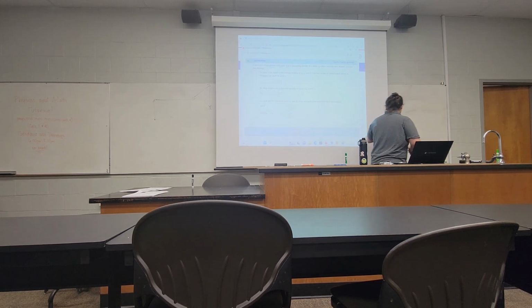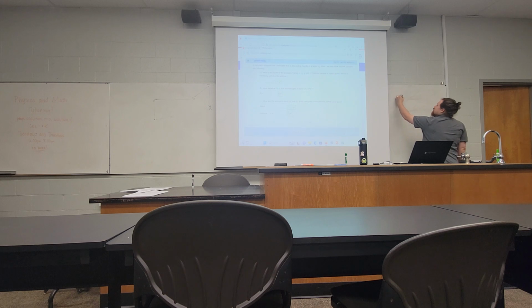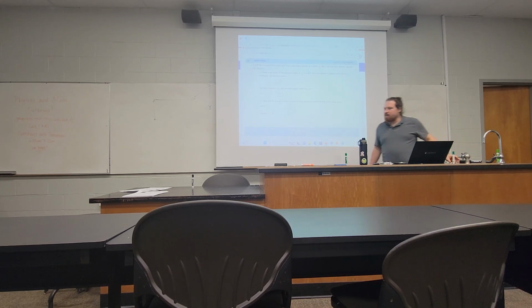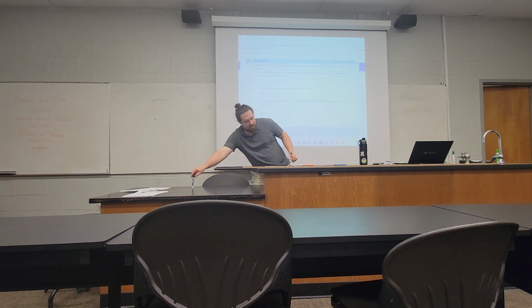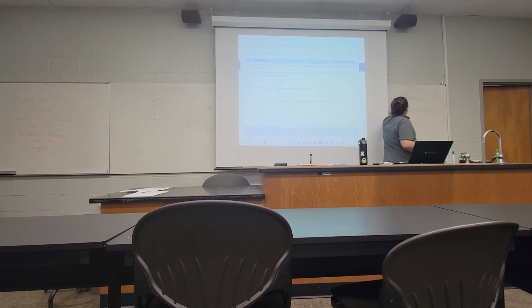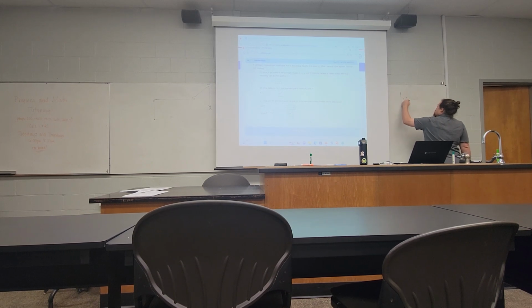You know what, I'll write them too, because it's just hard to see. Absolute value bracket, V subscript 0 minus G, why is my marker dying? That's not helpful. Absolute value, V subscript 0 minus GT, and absolute value.